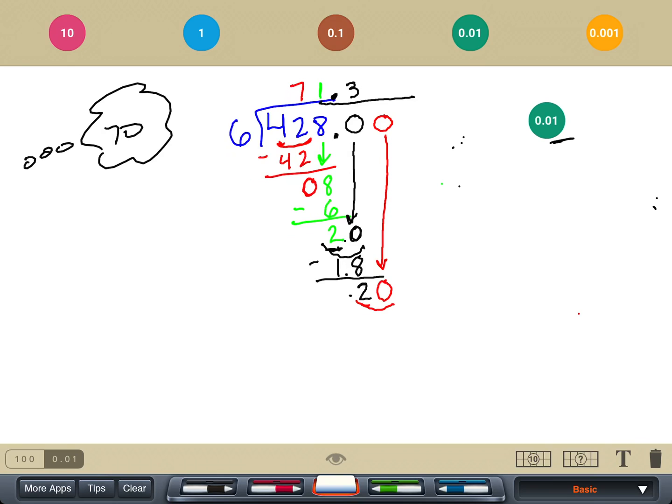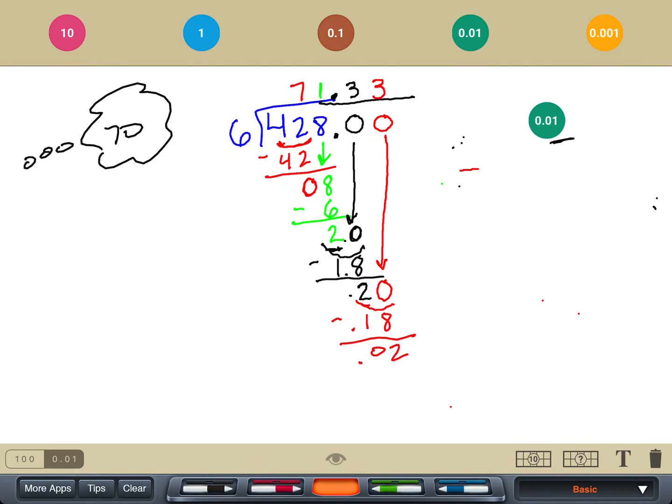I'm going to put 20 hundredths into the 6 groups, and I know that 3 hundredths times 6 is 18 hundredths. So I'm going to go ahead and put 3 in each, and I would have used 18 hundredths.